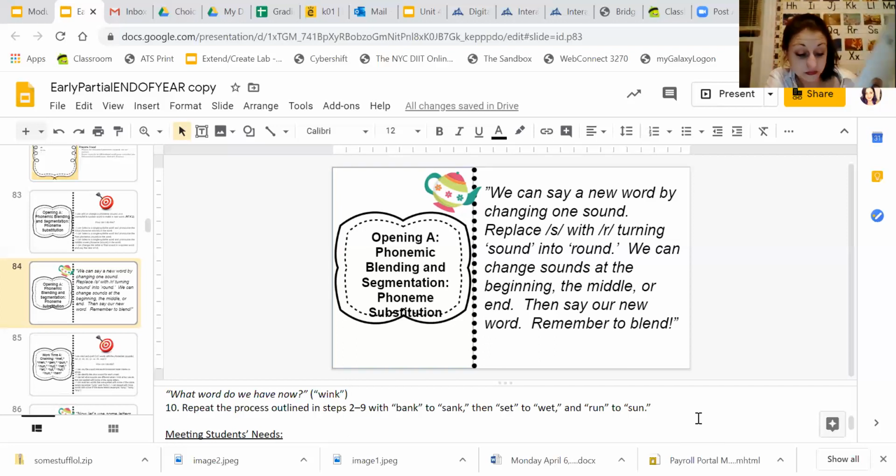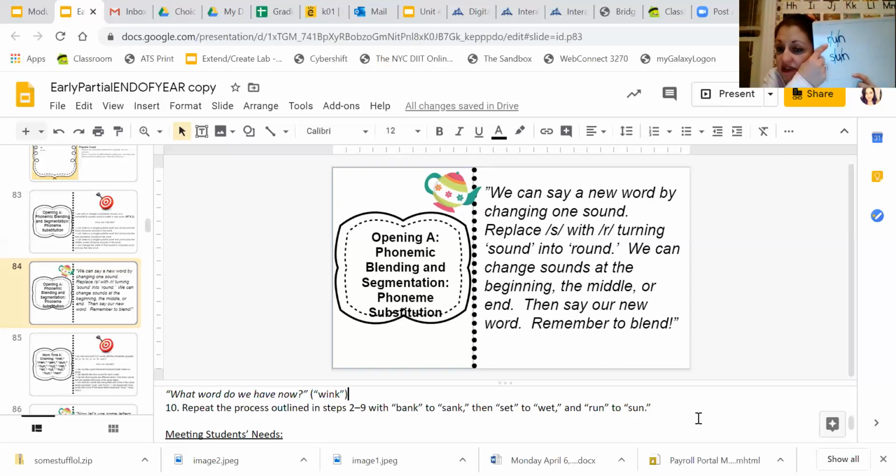Now, point to your sound right here. First initial sound, the R sound. Now I want you to take the R sound and change it to an S sound. Let's see what we can do with that sound. Remember, we're taking and changing the initial sounds in these words. And this is how we are chaining. And here you go.